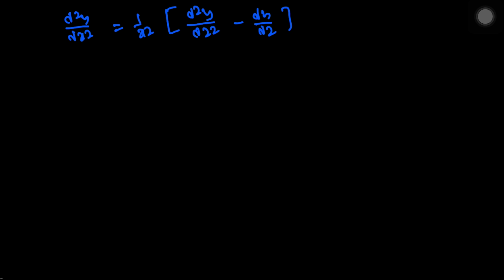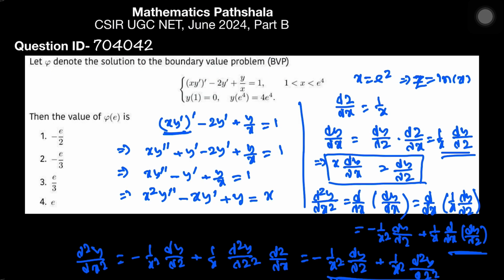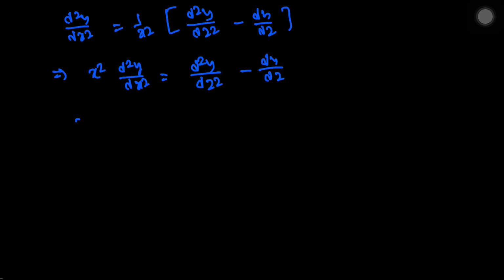Okay, so from this what we get? x² d²y/dx² = d²y/dz² - dy/dz. So the given equation is what? The given equation becomes x² y'' - x y' + y = x.